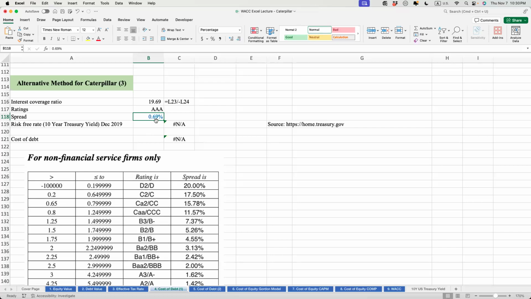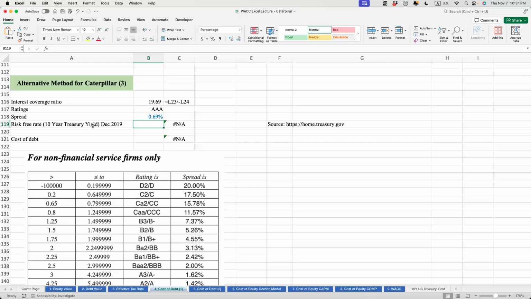Okay, but how are we going to use this spread to calculate the cost of debt? This is the additional risk your debt investors or lenders are exposed to compared to the risk-free rate. Therefore, you do need to find the risk-free rate, and the extra rate, the spread, will be the actual return that you have to pay your debt holders to get their funds. For the risk-free rate, we can use the 10-year treasury yield.